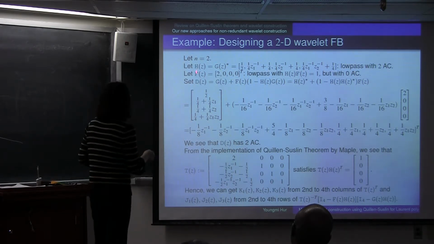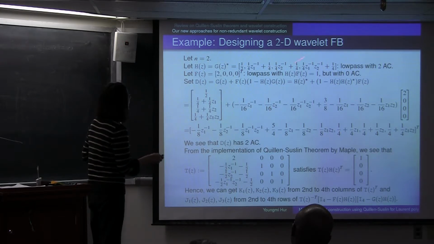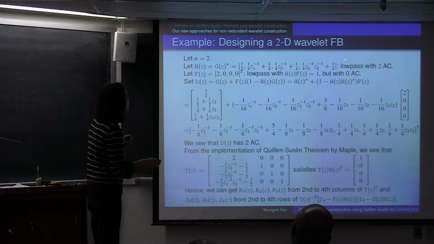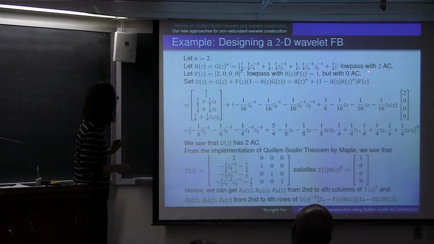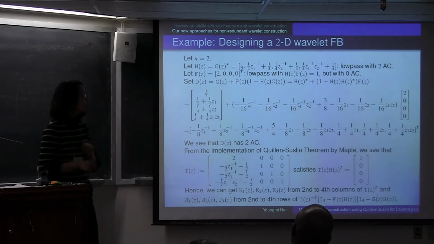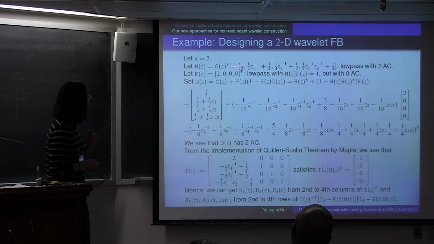Okay, so this one is again the one coming from the 2-dimensional piecewise box spline. It has 2 accuracy. And remember that in the very first slide I showed you this one is not good in terms of accuracy, but this one is good.